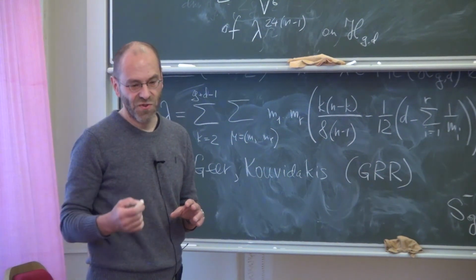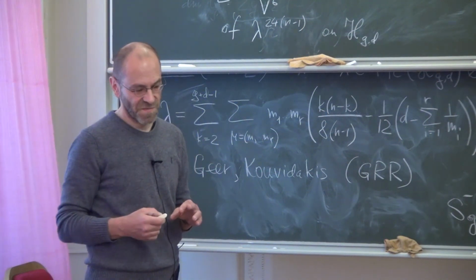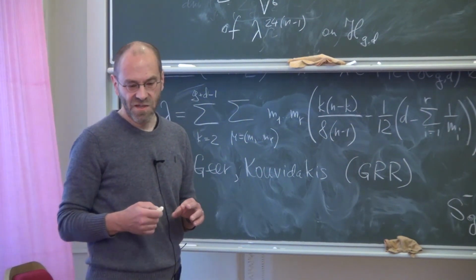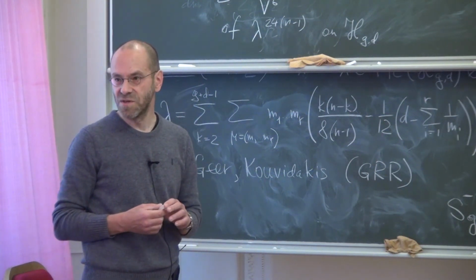For this flow, there are the so-called Lyapunov exponents. The conjecture is that the sum of these Lyapunov exponents is a rational number.